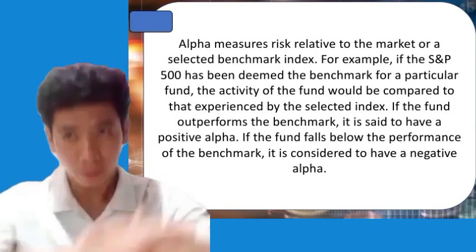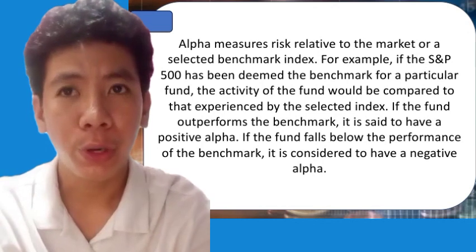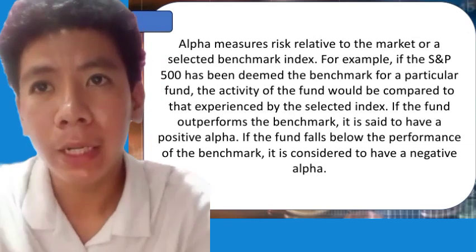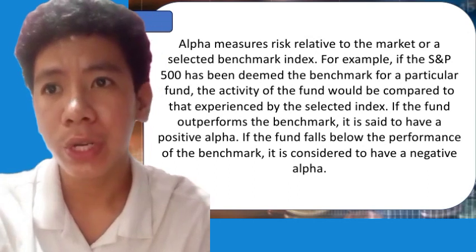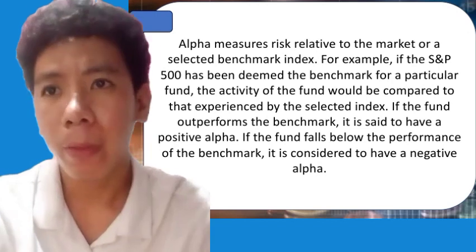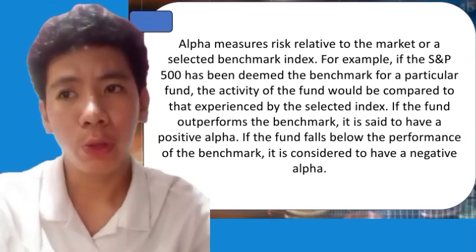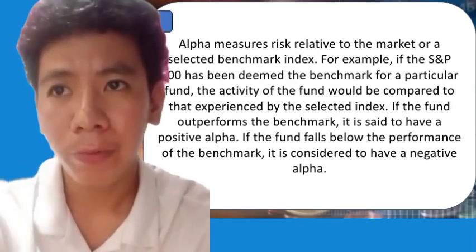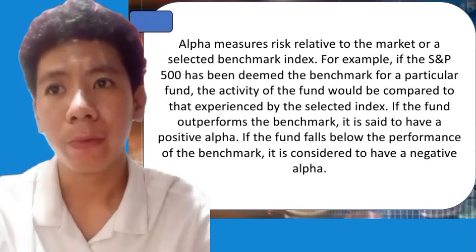For example, assume a mutual fund realized a return of 15% last year. The appropriate market index return is 12%, that is our Rm, and the beta of the fund versus the same index is 1.2, so that is our B, and the risk-free rate is 3%, that is our Rf.